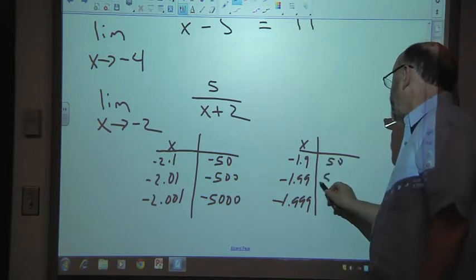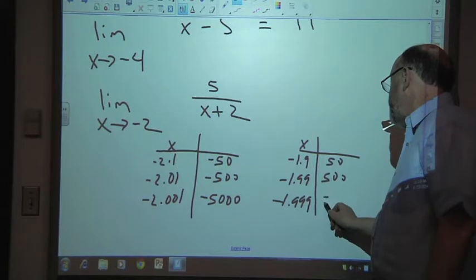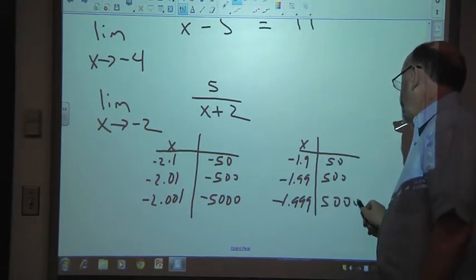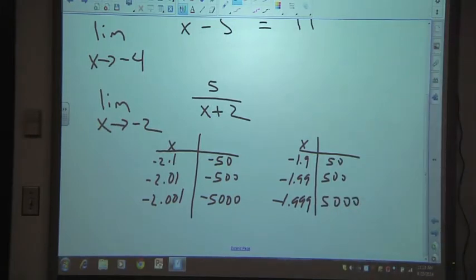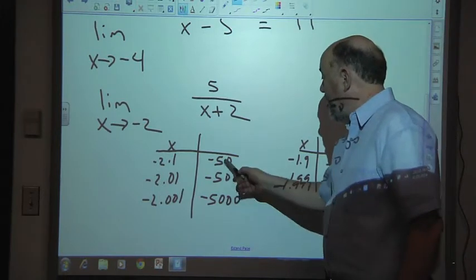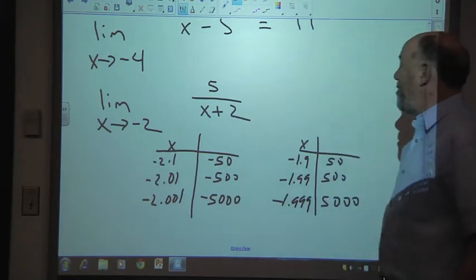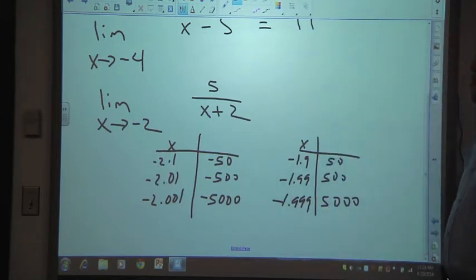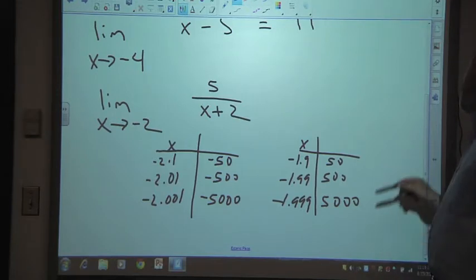I do this, I get 500. And I do this, I'll get 5,000. One thing you notice here is if I come in from numbers that are less than -2, I'm heading towards negative infinity. If I come in from the other side, I'm heading towards positive infinity.